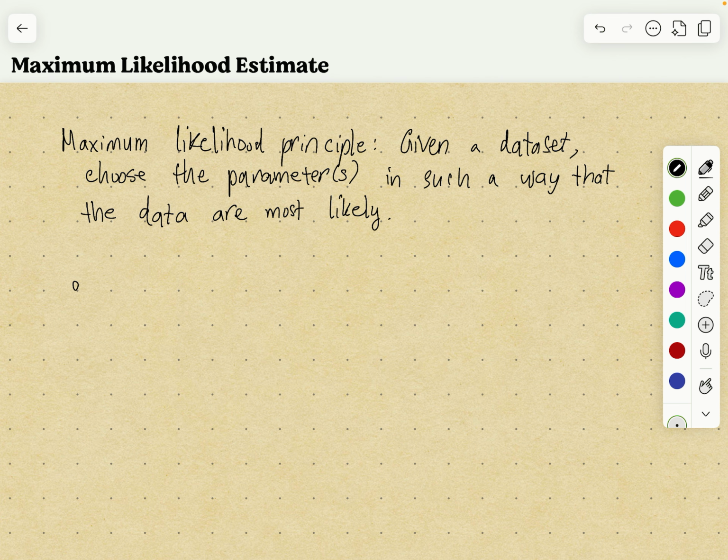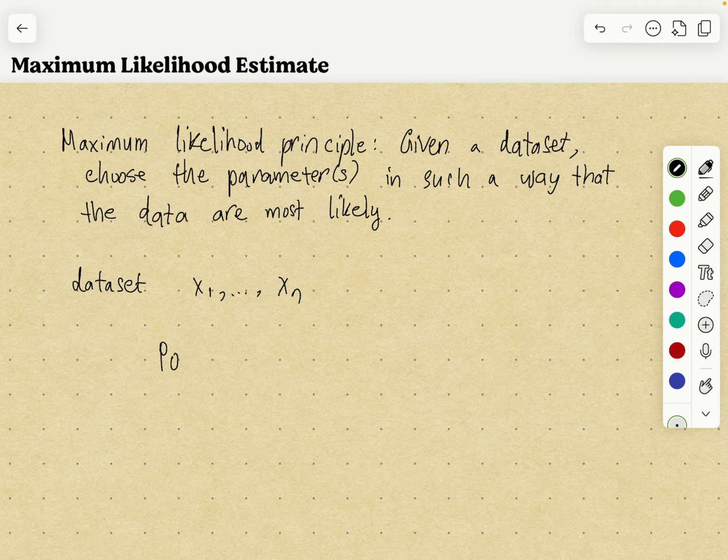Suppose that your data set consists of n numbers, x1 through xn, and suppose that you have your distribution that you think can be used to model the data, and let's say it has parameter theta.